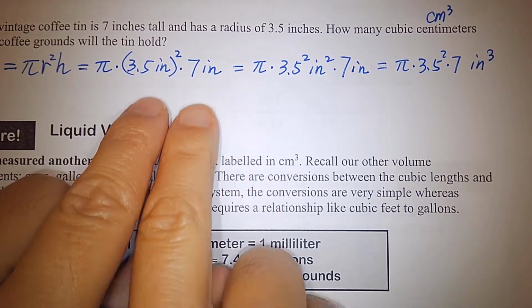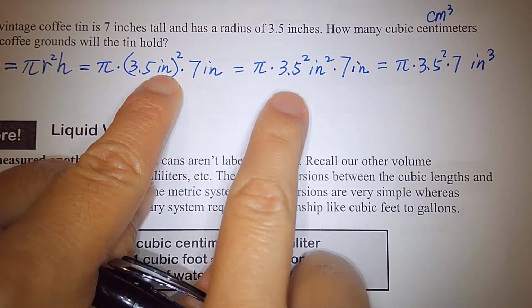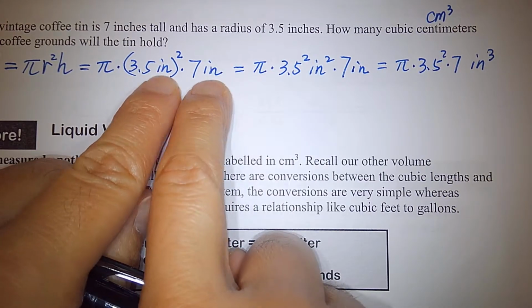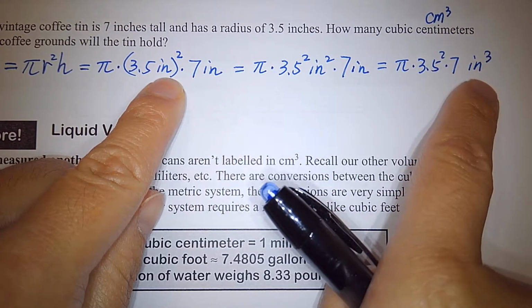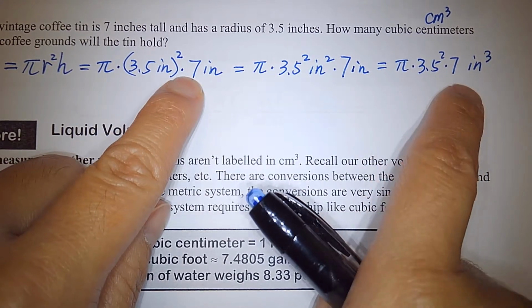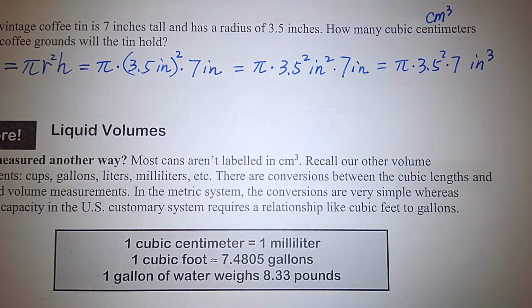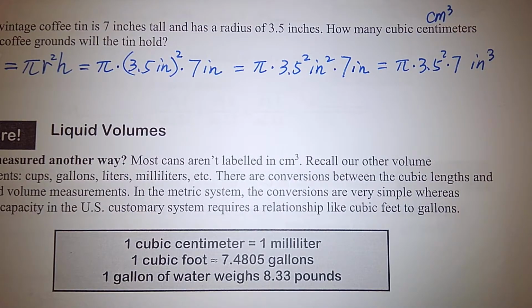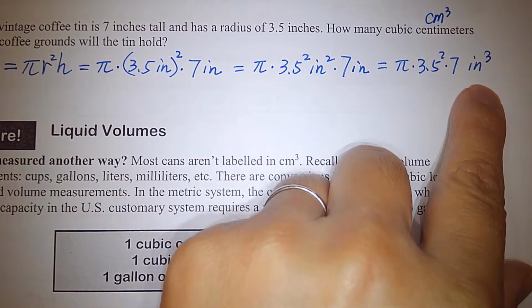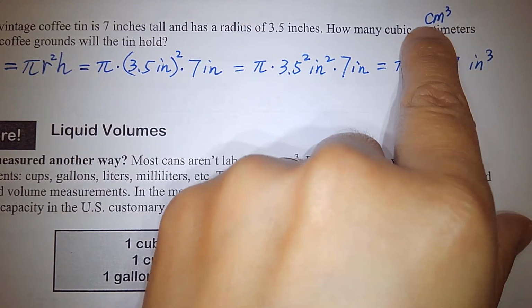Because 2 inch comes from the square, and 1 inch is from here, so 3 of them together, cubic inch. And 3.5 square times 7 times pi. So, we're done. Multiply everything, this is cubic inch. This is what we want from this question?